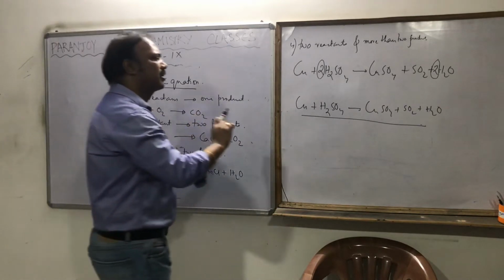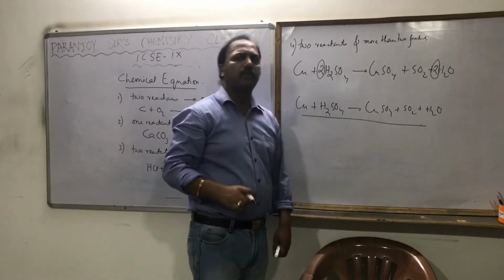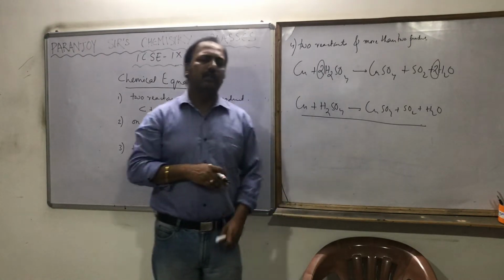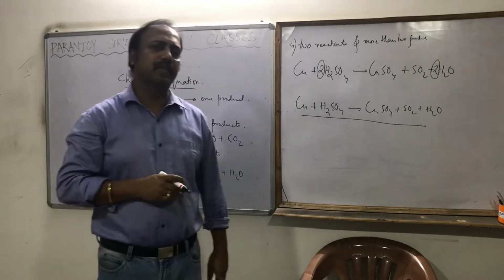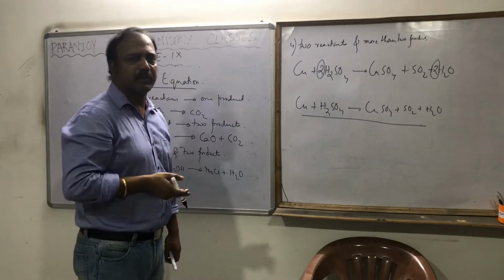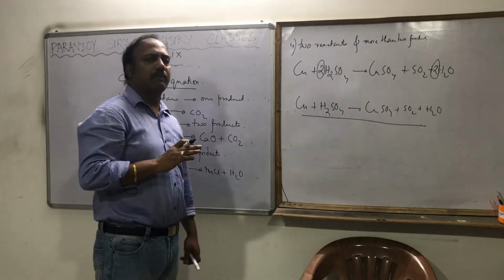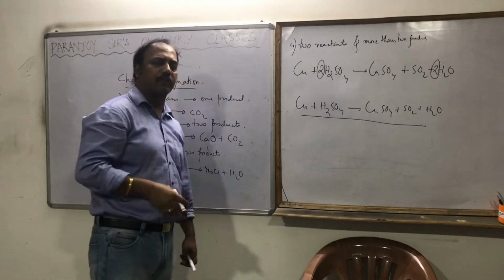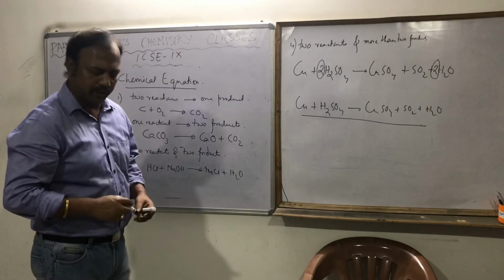Skeleton means just writing down the symbols of the molecules undergoing the reaction with the addition sign in between them, and the products with the addition sign in between them, and in between the reactants and products, there will be a single-headed arrow. Okay, fine.